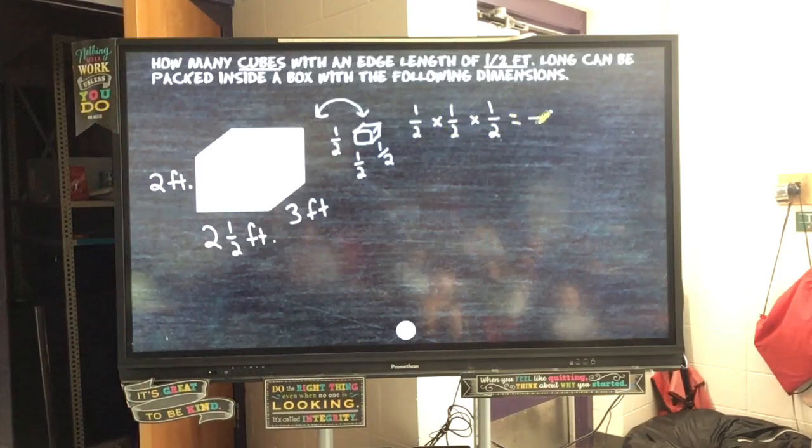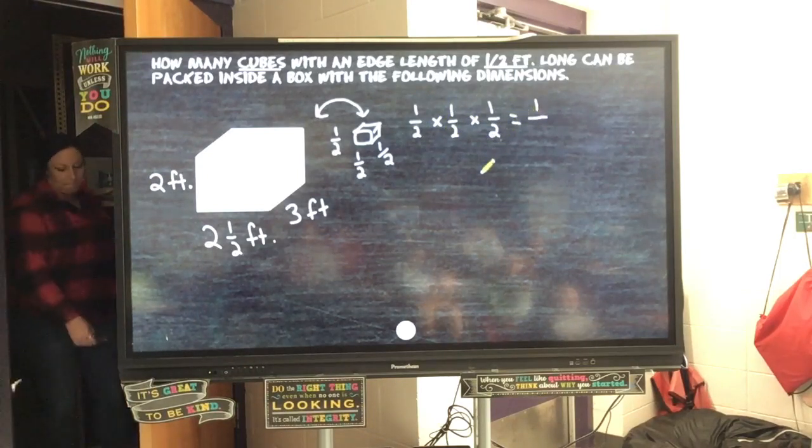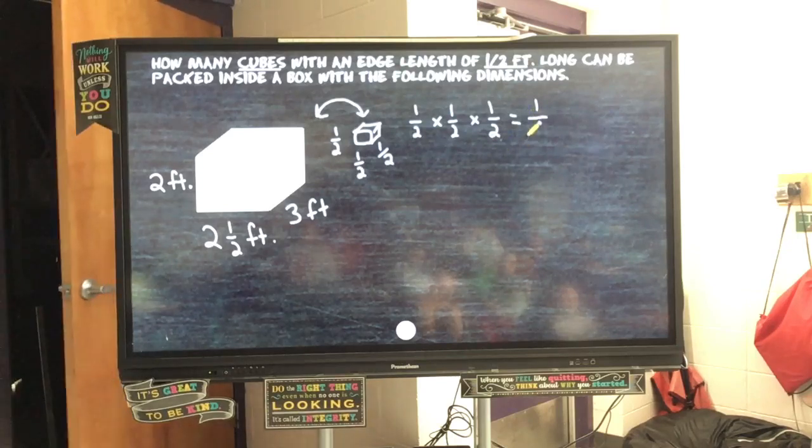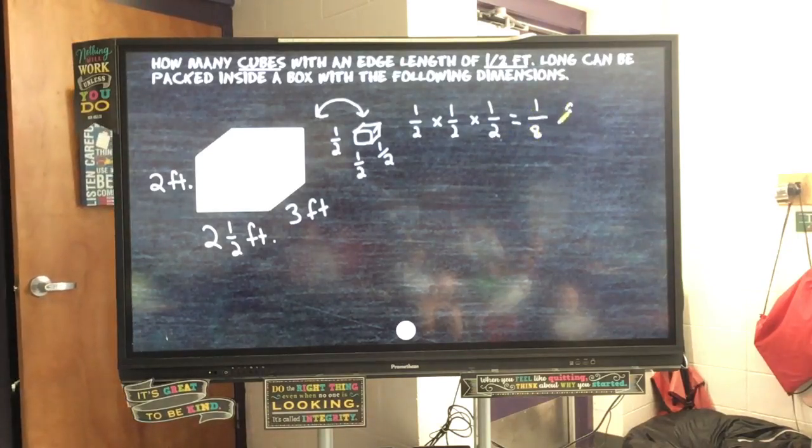Multiplying all the numerators together will give us 1, and multiplying the denominators together will give us a product of 8. So the volume of the small cube is equal to 1/8 of a cubic unit. Because the volume of our small cube represents 1/8 of a cubic foot, that means it would take 8 of these small cubes to equal 1 whole cubic foot.